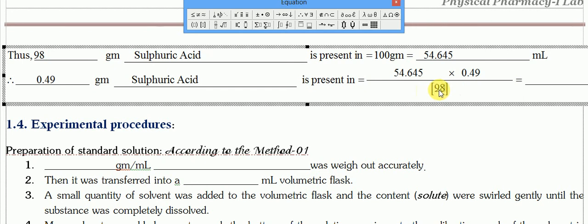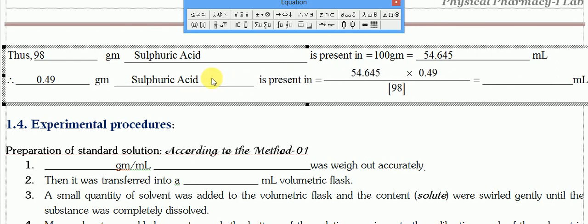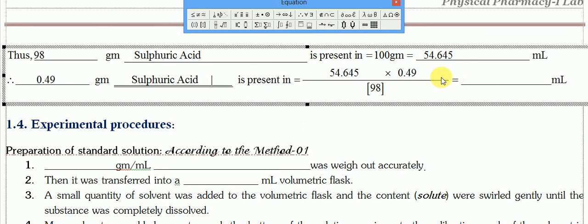This is the formula for the calculation of the amount of sulfuric acid required to prepare the intended volume of sulfuric acid, and the volume is 0.273 ml.